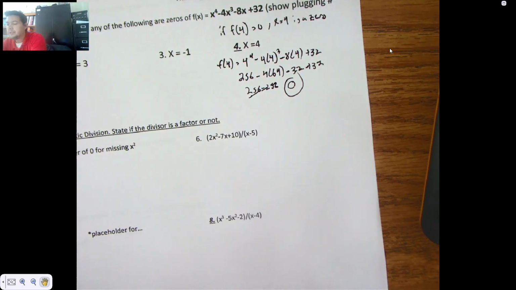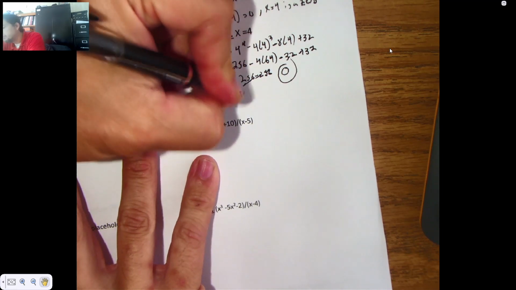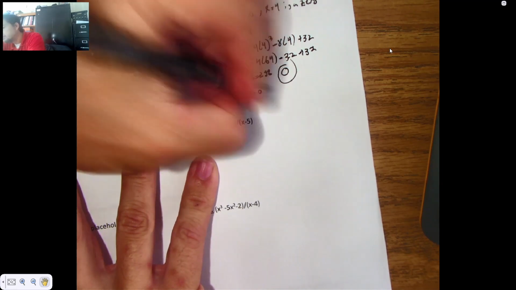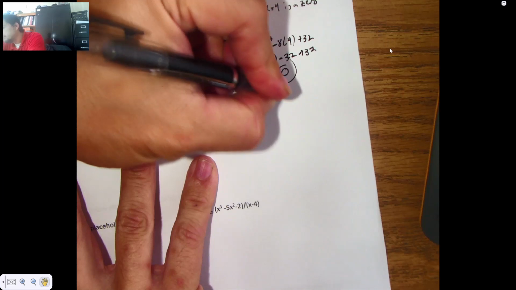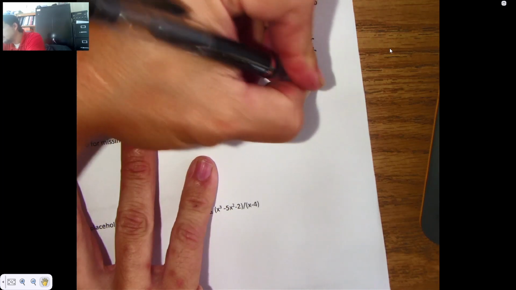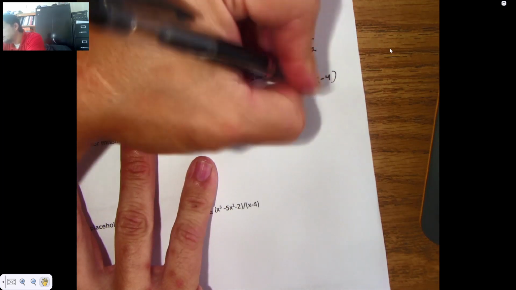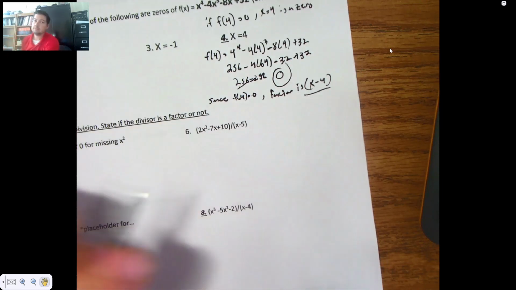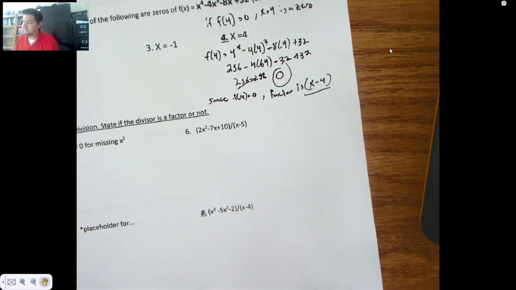So, this is true. Since f of 4 is a 0, then a factor is x minus 4. That's remainder theorem. That's how she works.